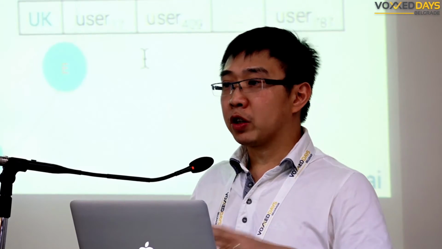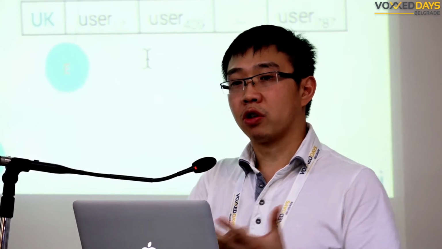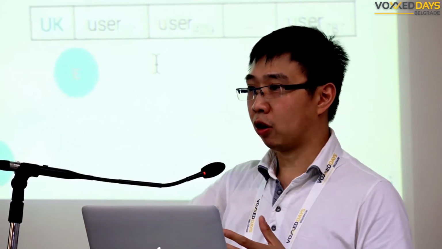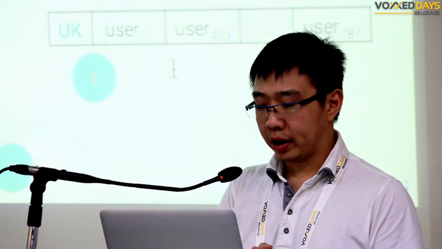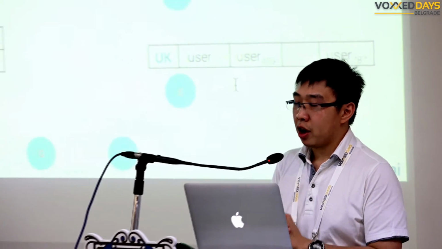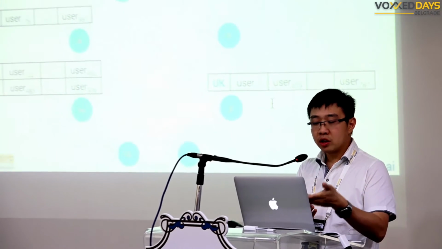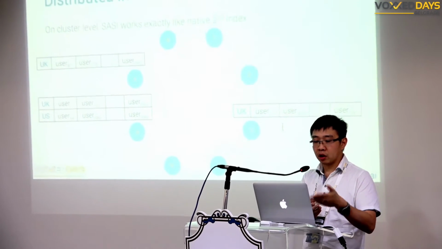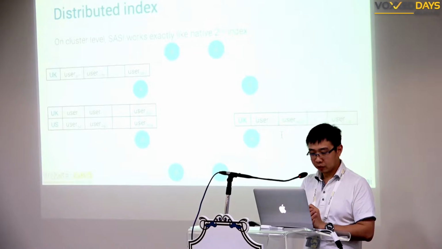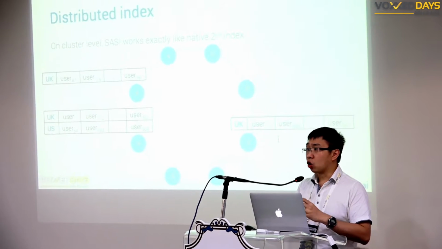So how does it work? First, on the cluster. As I said, remember the 5 minutes introduction, the data are distributed all over the cluster. It's the same for the index. It means that in this example, I have a secondary index on the user country, right? The indexes are local.